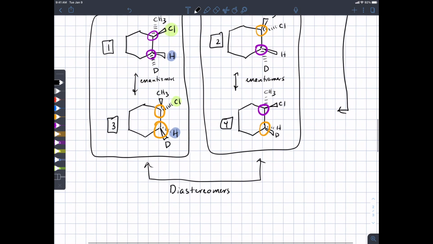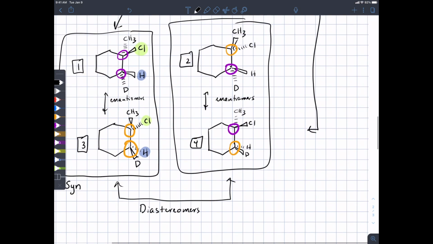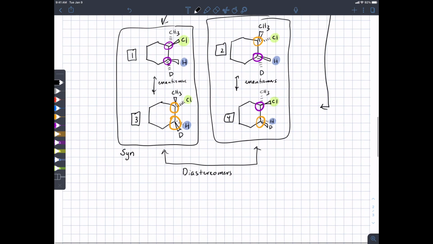Instead of using the word cis, which would make it easier, we've chosen to make it more complicated, and we'll use syn, which means same, as in synonym. And then on the right, you'll notice that the hydrogen ends up on the opposite side of the molecule as the chloride nucleophile that came in the second step. And we're going to call this the anti-diastereomer.